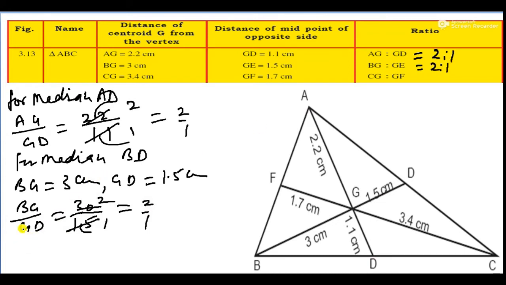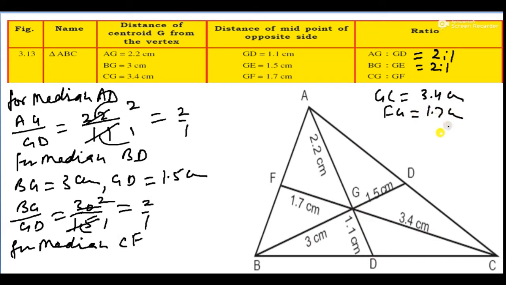Now for the third median, median CF. GC is 3.4 centimeter, and FG is given as 1.7 centimeter.